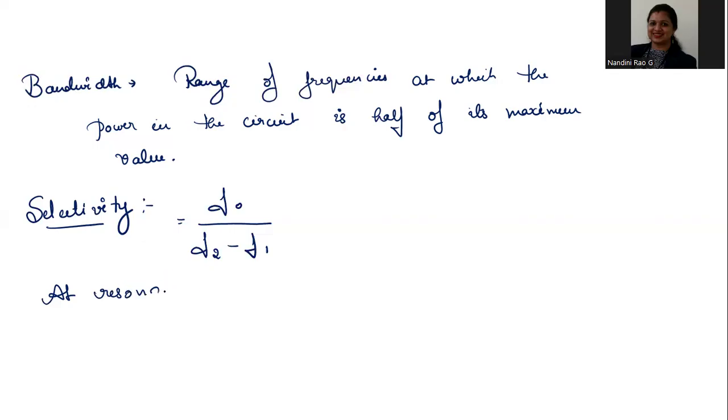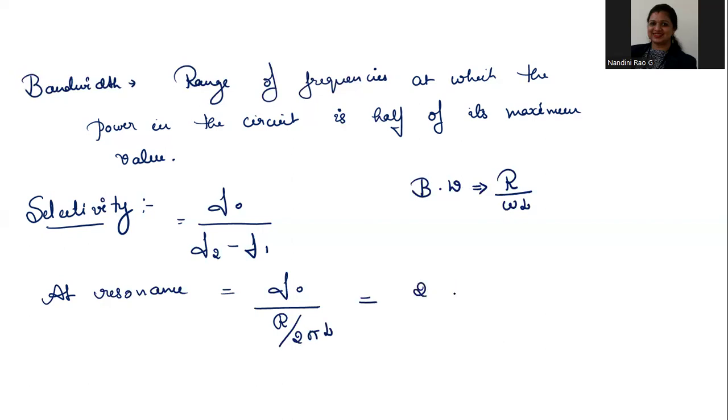At resonance, I can write F naught by the expression for bandwidth, R by omega L. The same thing I will write here: R by 2 pi L, that will be 2 pi F naught divided by, sorry, 2 pi F naught L by R. Is that correct? 2 pi F naught L by R. So have you seen any expression like this before, omega L by R? It is Q naught.